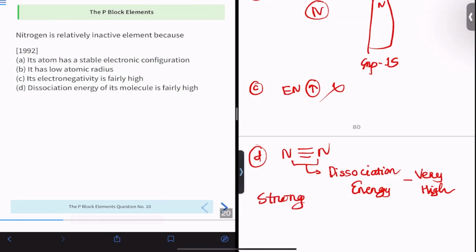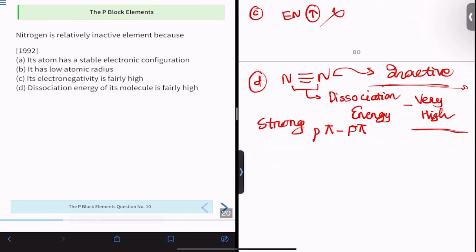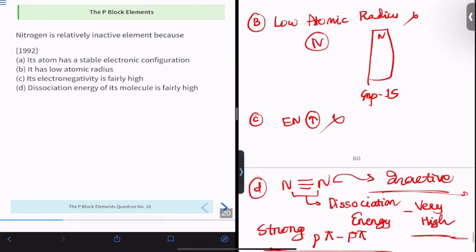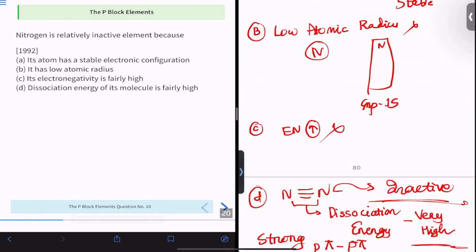So it is very difficult to break the nitrogen bond. That is why it becomes inactive. It is very difficult to separate two nitrogen atoms because of the high dissociation energy. And why high dissociation energy? Because of strong p pi bonds. Since it is very difficult to break the bond, it becomes inactive. So option D is correct.